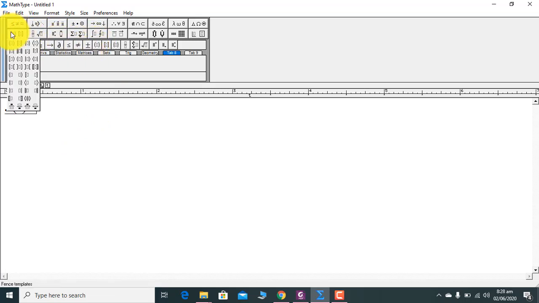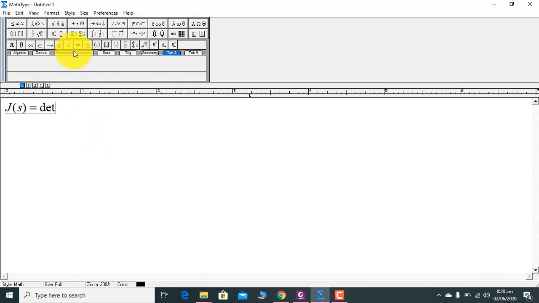So how can you write the determinant? I will try to write it in that software. So the determinant of the matrix. What is the matrix?